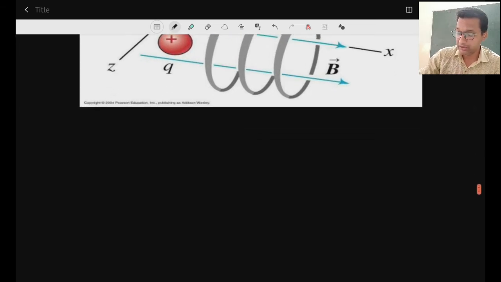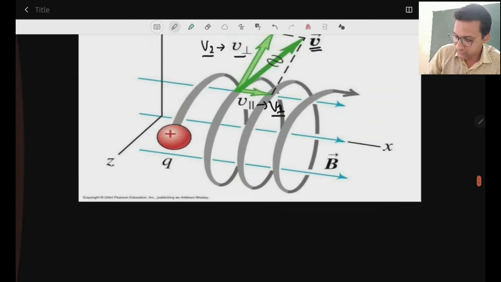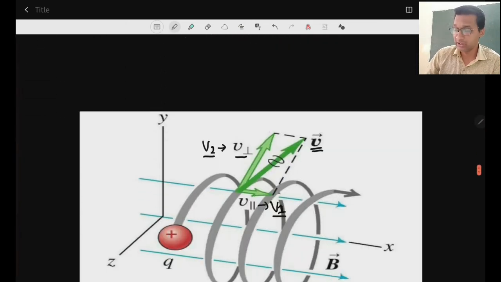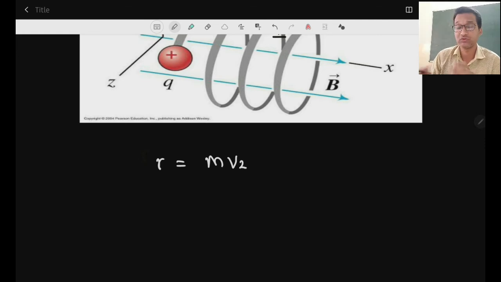So for the perpendicular component, we have the equation for the radius. Radius is equal to m, and here it will be V2, because we have divided the velocity into two components.